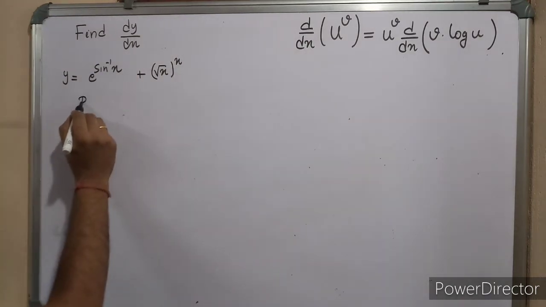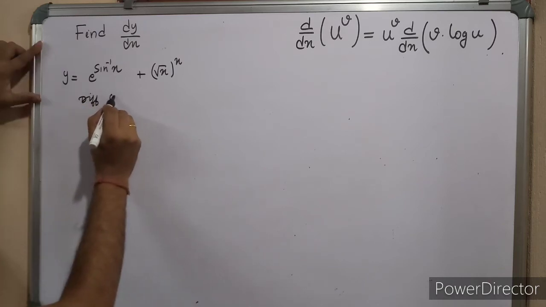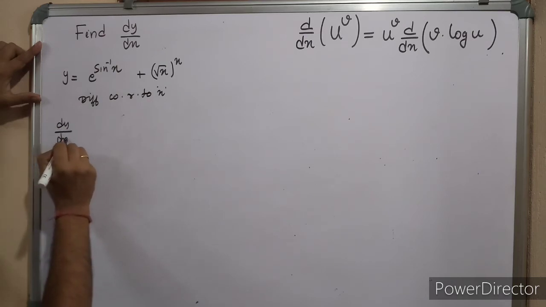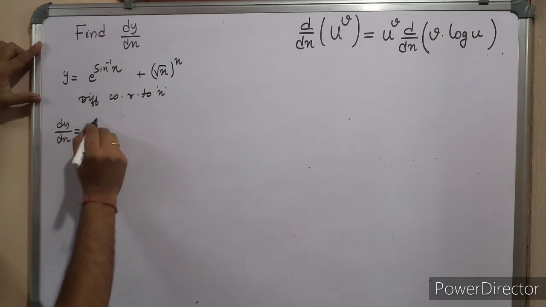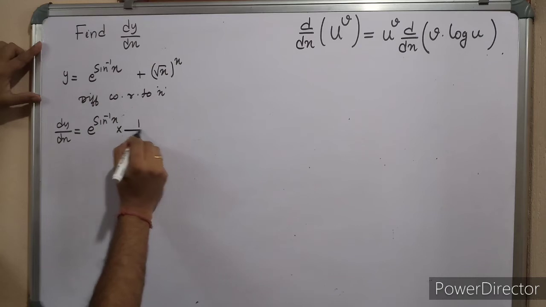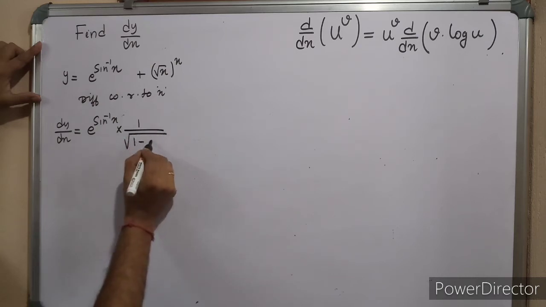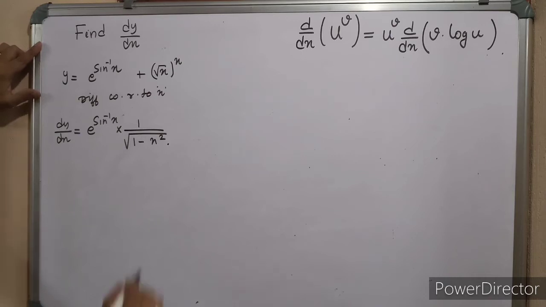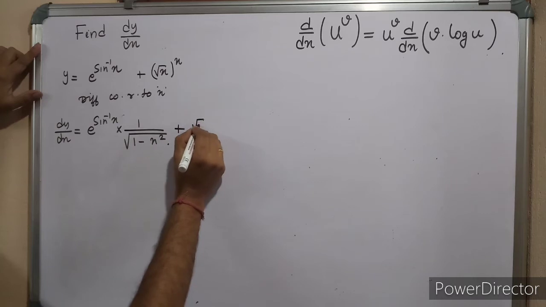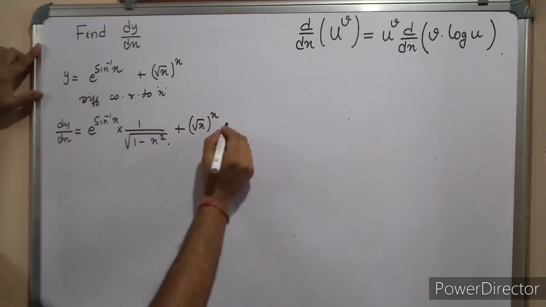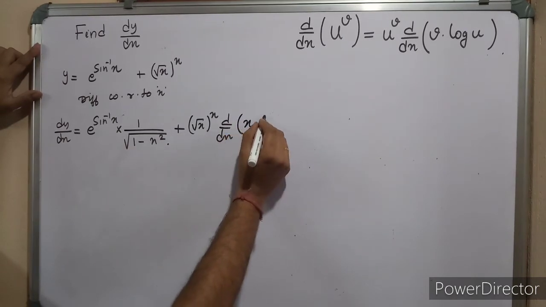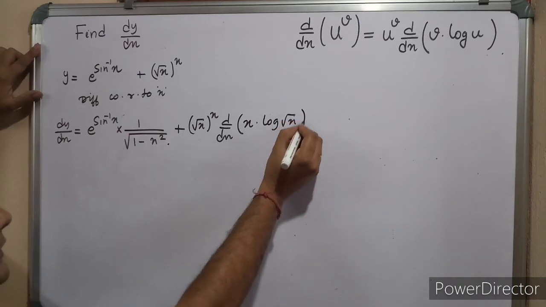So differentiating with respect to x, dy by dx. The derivative of e to the power sine inverse x is e to the power sine inverse x into the derivative of sine inverse x, which is 1 by under root 1 minus x square. Plus now the derivative of u to the power v. The formula will be u to the power v, d by dx of v into log root x.